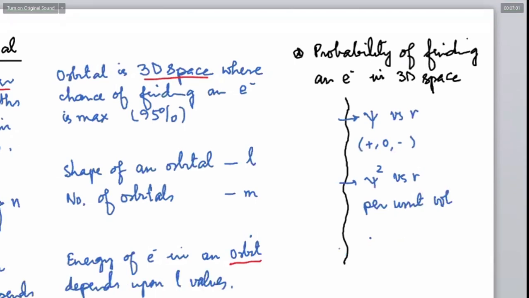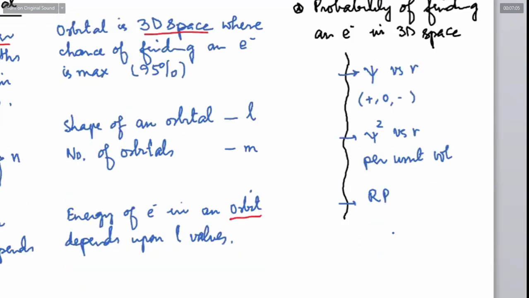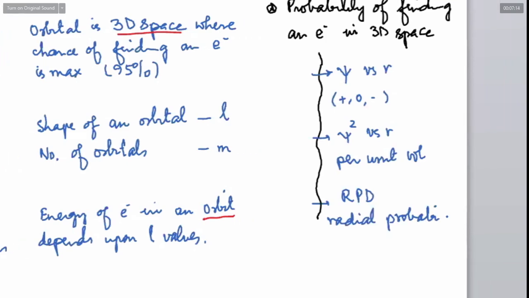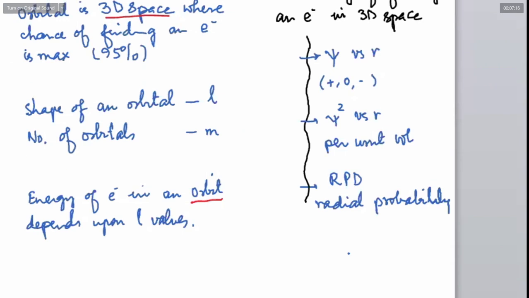Now, there is one more thing called radial probability distribution, right? I'll write down the full form also. Radial probability distribution. Some people say density, but I prefer distribution. RPD.